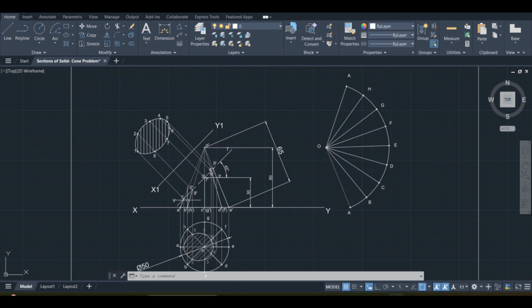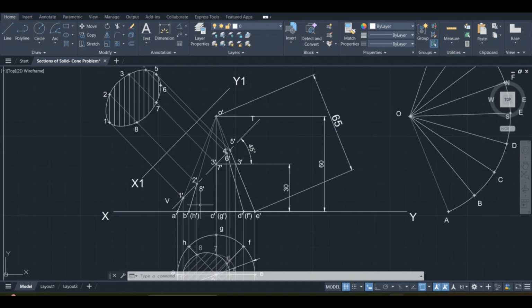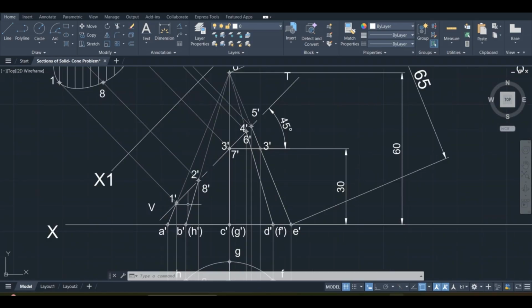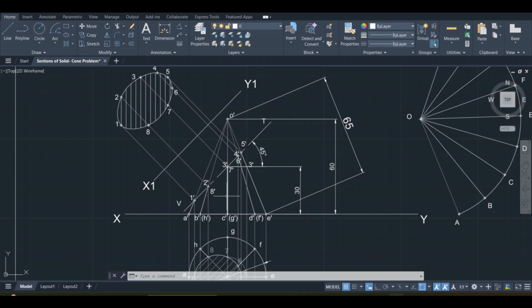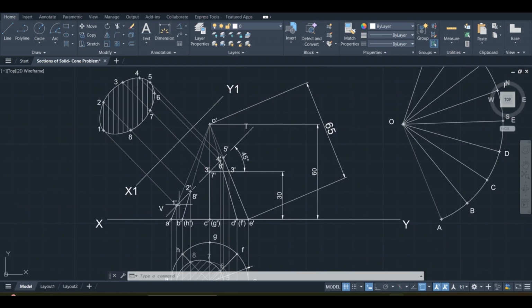Now the section points, the section plane which is intersecting all the generators at various points, as we are seeing at point 1, 2, 3, 4, 5, 6, 7, 8. So respectively these points to be transferred onto the generators. So let us see how I am doing that. So I am changing layer to thin layer.